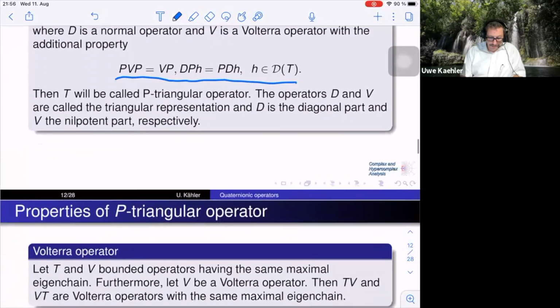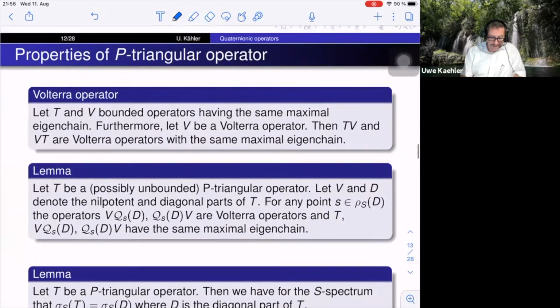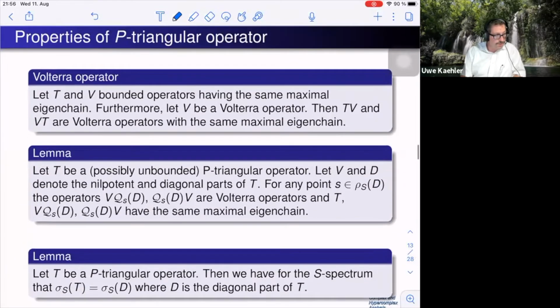So what can we now do with p-triangular operators in the Quaternionic case? First of all, and now comes the interesting part: if T and V are bounded operators having the same maximal eigenchain, and V is a Volterra operator, then TV, the composition of these operators, continues to be a Volterra operator with the same eigenchain.